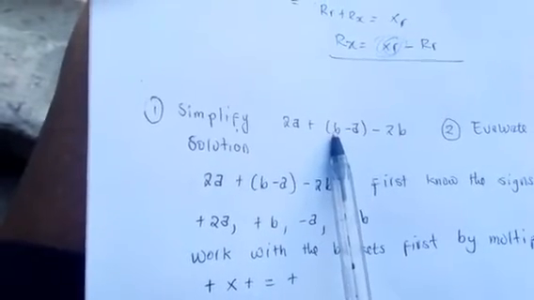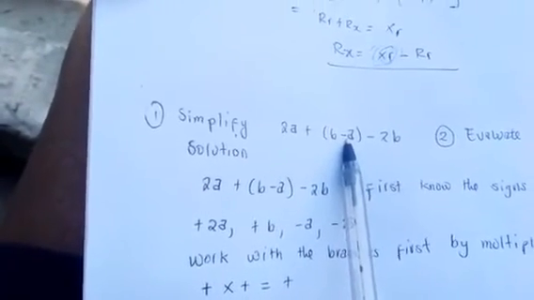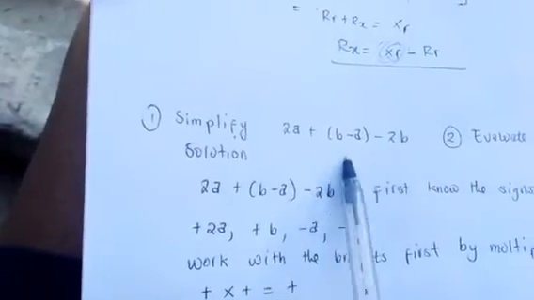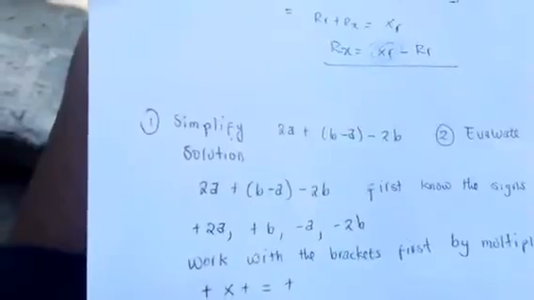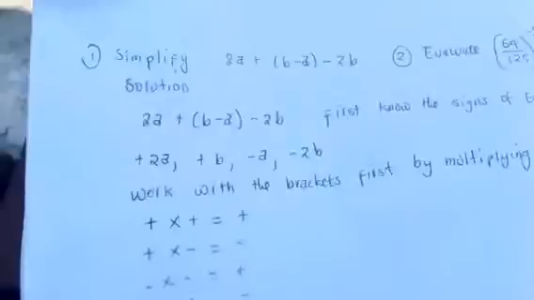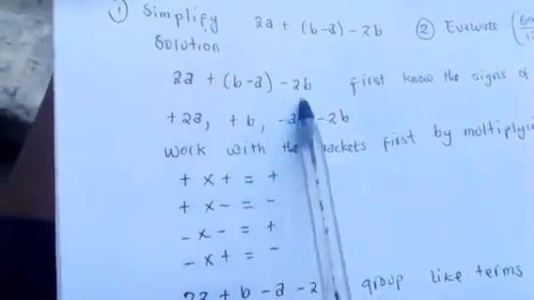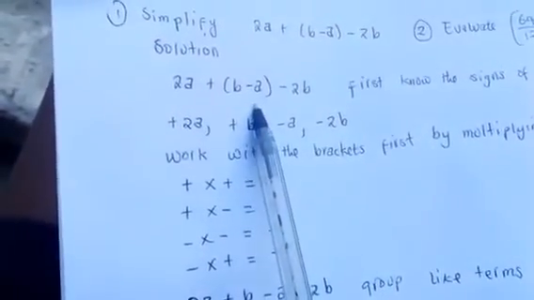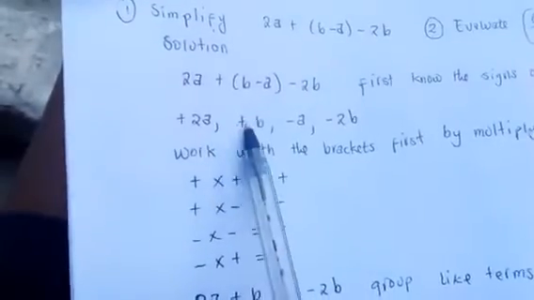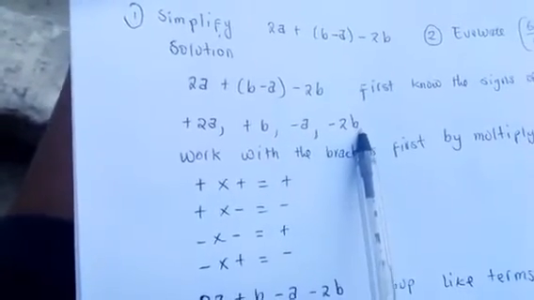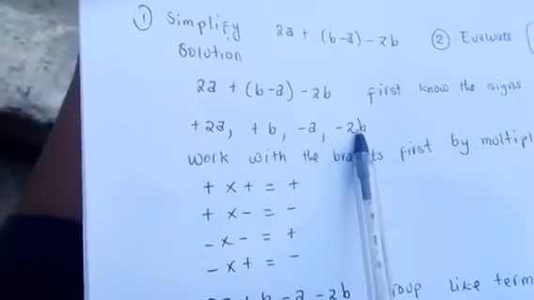This one has a coefficient of 1, this one has a coefficient of -1, this one has a coefficient of -2. So here I was just rewriting, I was just helping you, trying to let you know the signs which we have in the question before getting rid of the brackets. So we have positive 2a, positive b, negative a, minus negative b.